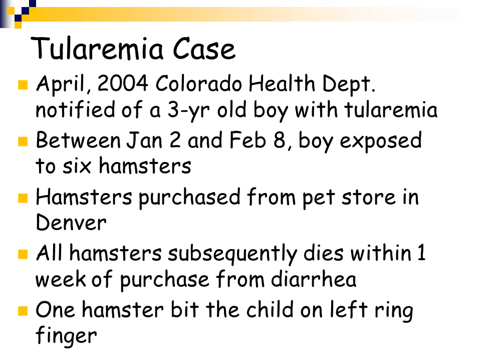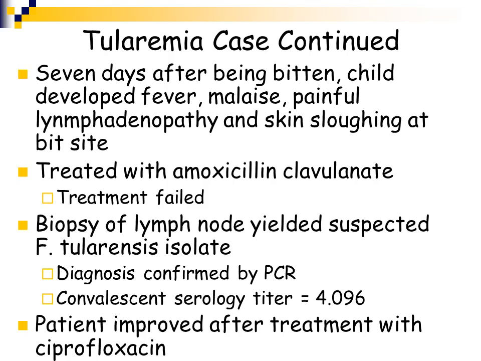All of the hamsters subsequently died within 1 week of purchase, and what they died from was diarrhea. One of those hamsters bit the child on the left ring finger. 7 days after being bitten, the child had fever, was tired, had painful swollen lymph nodes, and at the site of the bite, the skin was sloughing off.